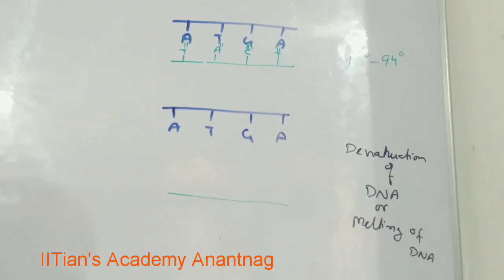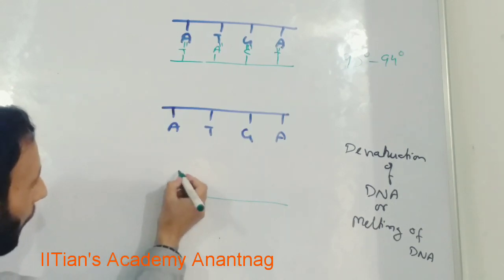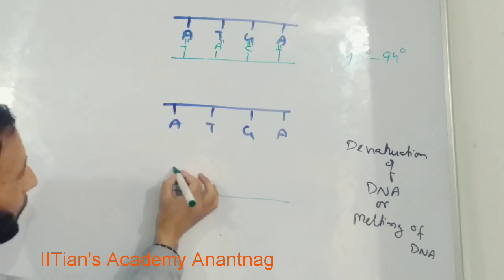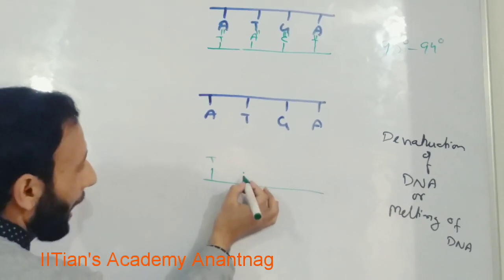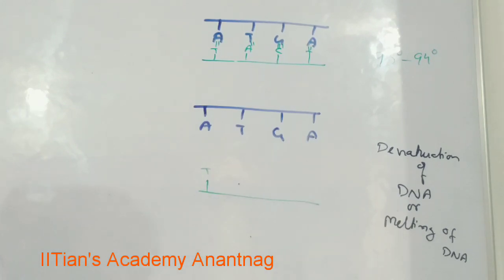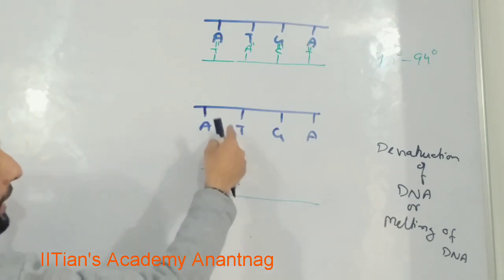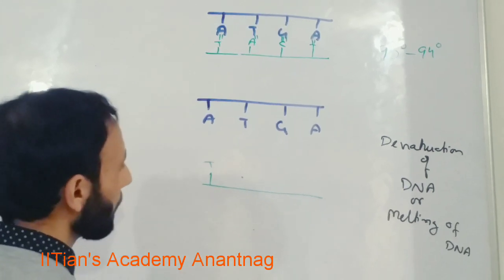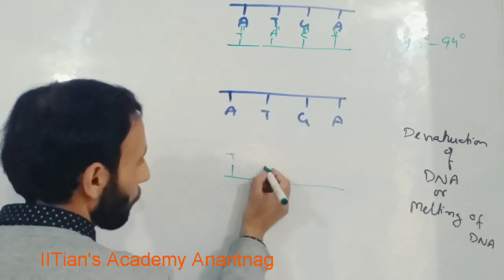Now if we are able to add polymerase and the raw materials, that is nucleotides, to it, this polymerase will synthesize new strands making each separated strand as template. So what will that result in? That will result in synthesis of two molecules of DNA.